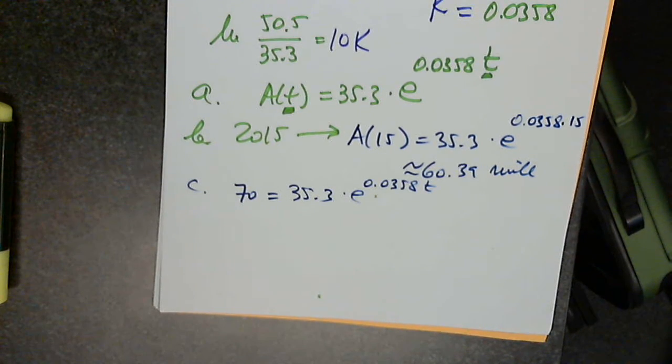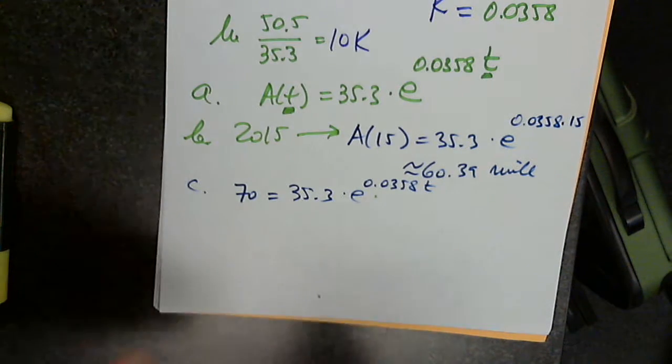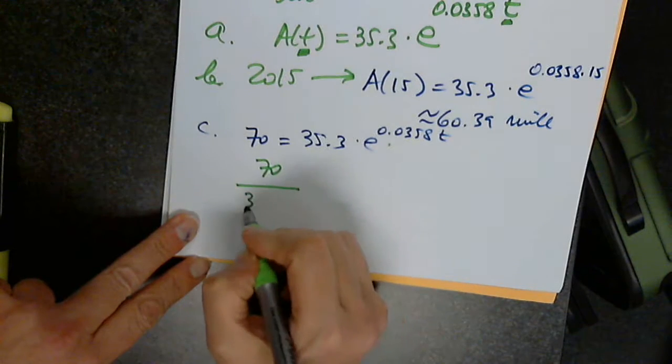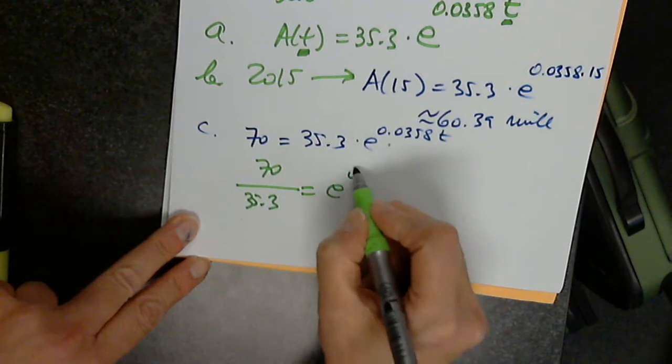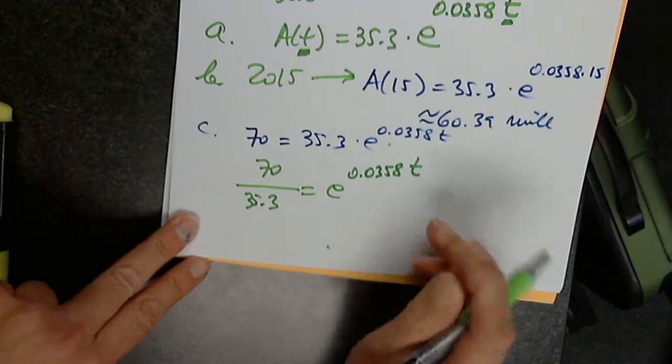Perfect. So, what do I have to do first, please? Exactly. So then I have 70 over 35.3 equals e to 0.0358 t.